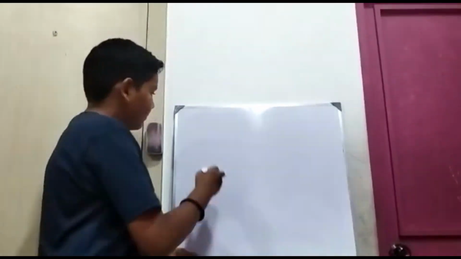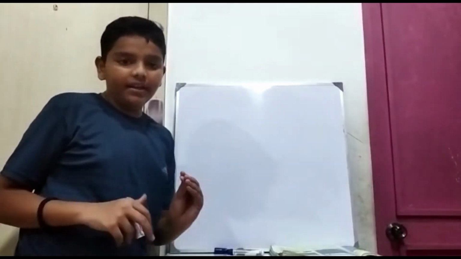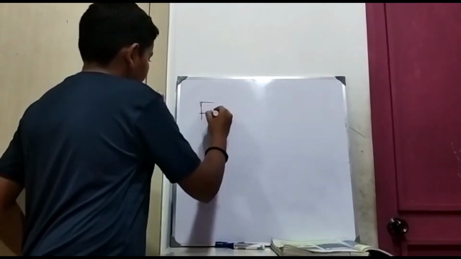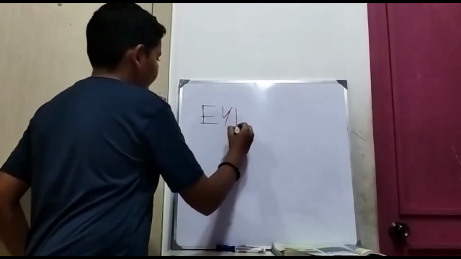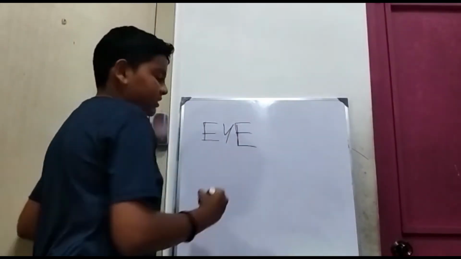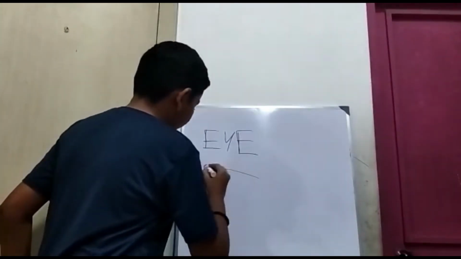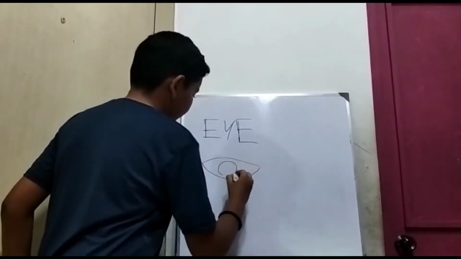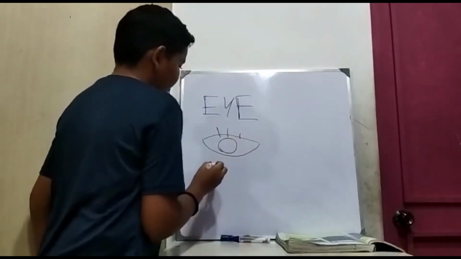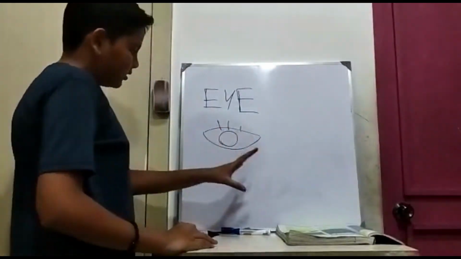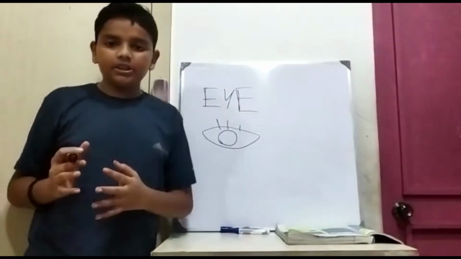The next important topic in this lesson is our eye. We see the outer eye, which looks like this. This is how we see the eye. So the eye is roughly spherical in shape.